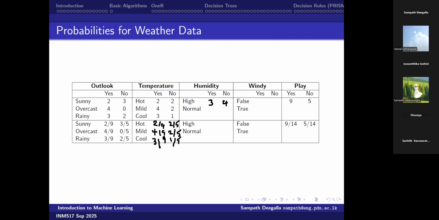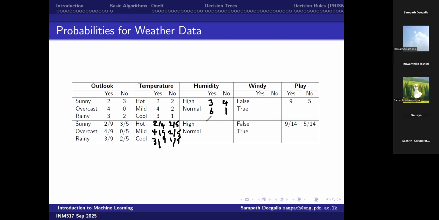Then when we say humidity is normal, we have 1, 2, 3, 4, 5, 6. Your normal is also 7. We have just 1, 2, 3, 4. We have 2, 3, 4, 5, 6, right? Yes. So you have a 6 and just we have 1.